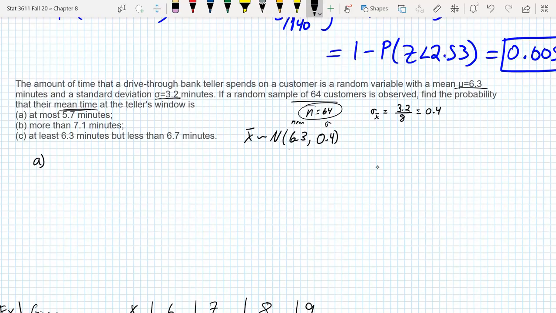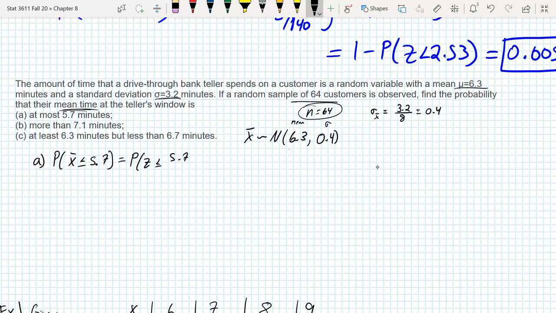So their mean time is at most 5.7 minutes for part A. That would be the probability then that X bar is, let's interpret this, at most 5.7 would be less than or equal to 5.7 minutes. So we can convert this to a standard normal distribution question here.